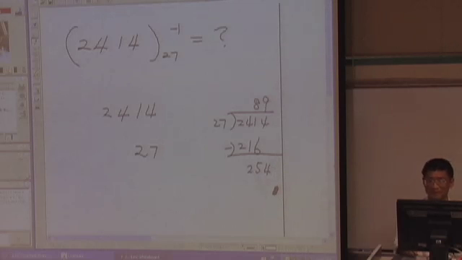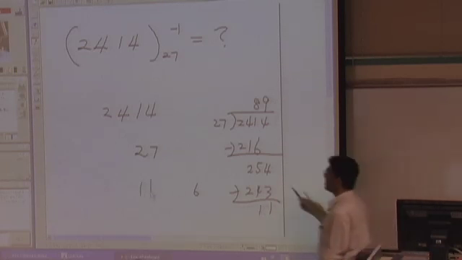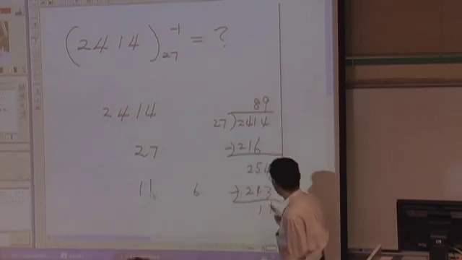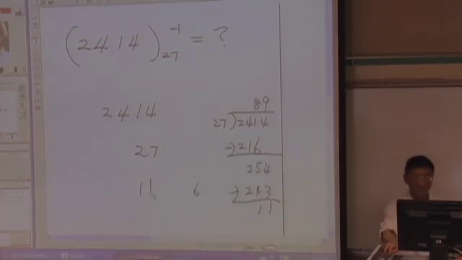Then if we subtract, I'm not good at the multiplication table. 11, right? So 11 is the remainder. If you divide this number by 27, then the quotient is 9, and the remainder is 11.